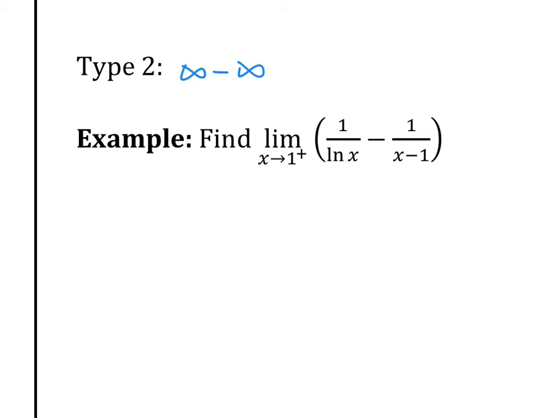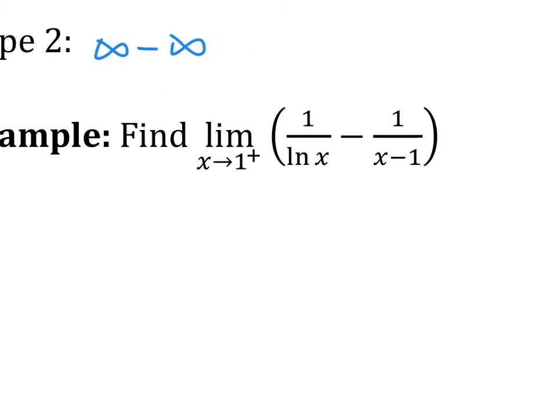To make them a ratio of each other, I can't really think of a clever way to do this, so I'm going to just combine them into one big function. That means multiply the function on the left by x minus 1, the function on the right by natural log x, and then combine the two denominators.